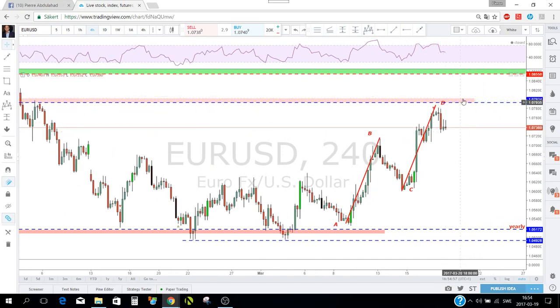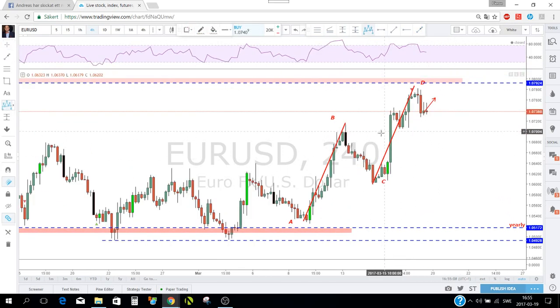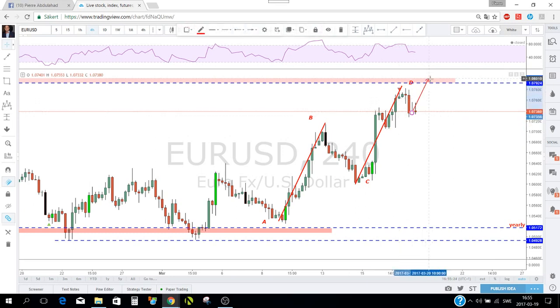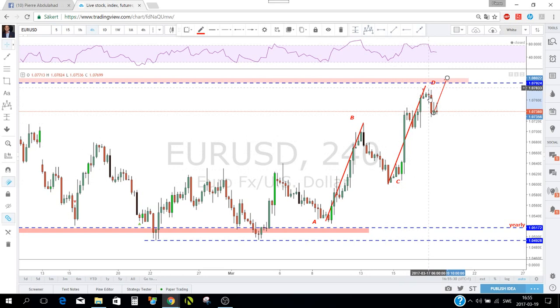If it doesn't reach as high, then I will be looking to see if it gives us a little bounce up, and maybe on the lower time frame, if we go down to the hour, try to see if we get something like a head and shoulders. Then I will be shorting the head and shoulders, but at first I want to see the price reach this area up here and give us this three move to the upside, and then hopefully a strong move to the downside.